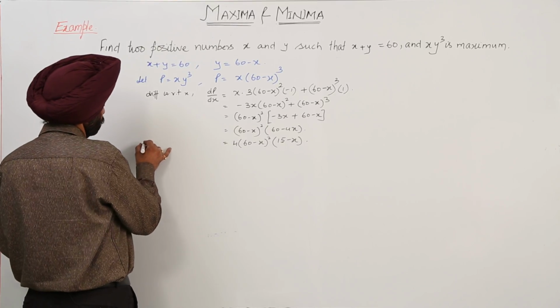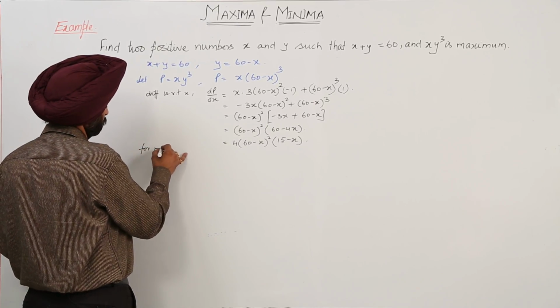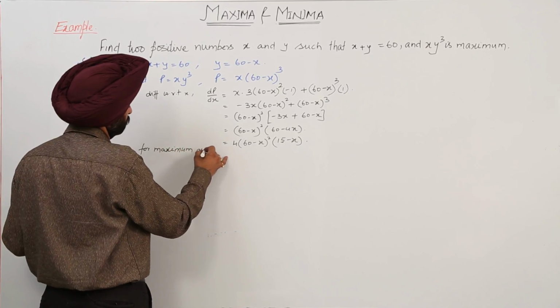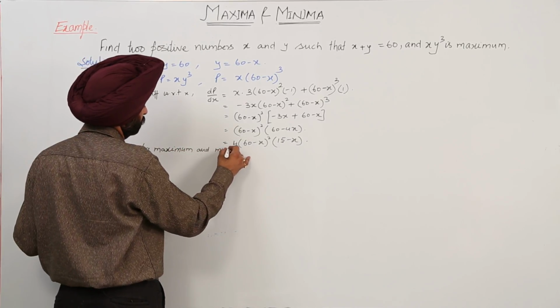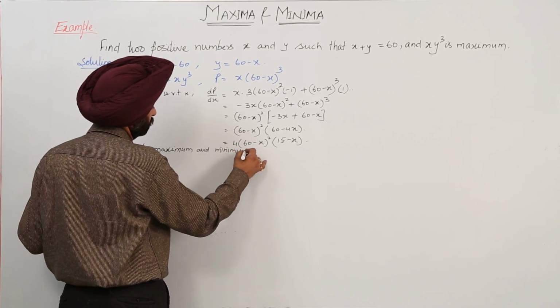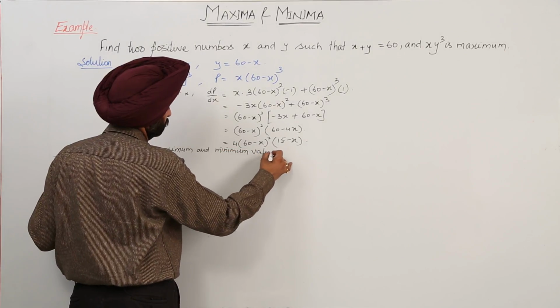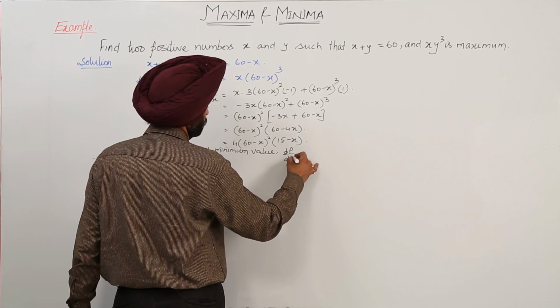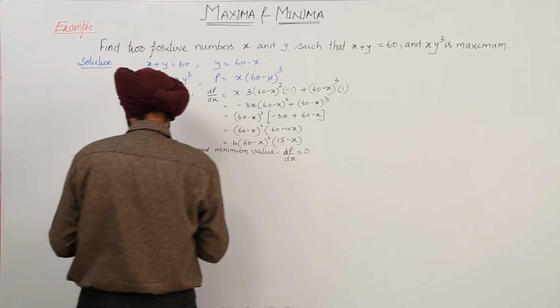Now for maximum and minimum value, dp by dx is equal to 0.